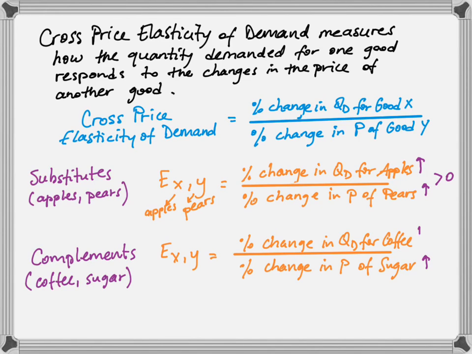They will be willing to buy less coffee, and as we see here, the direction in these two variables is different, so they move in the opposite direction, and we expect the cross-price elasticity of demand to be negative. In summary, the cross-price elasticity of demand for substitutes is positive, and the cross-price elasticity of demand for complements is negative.